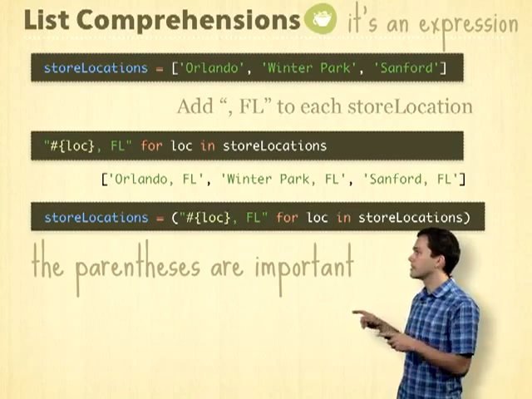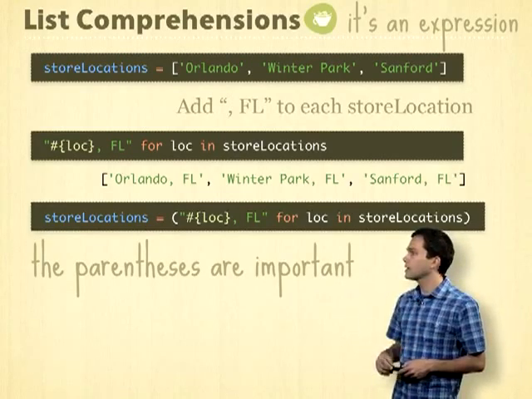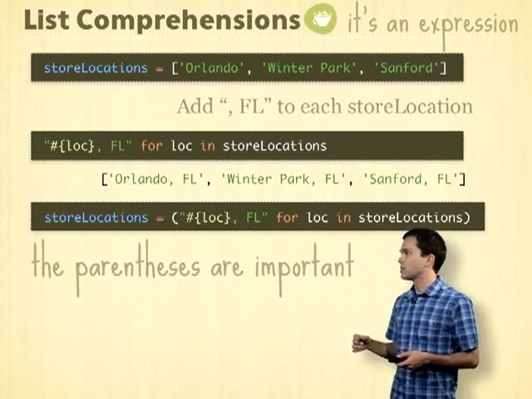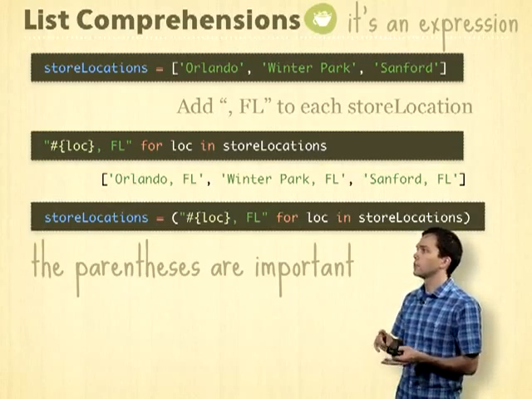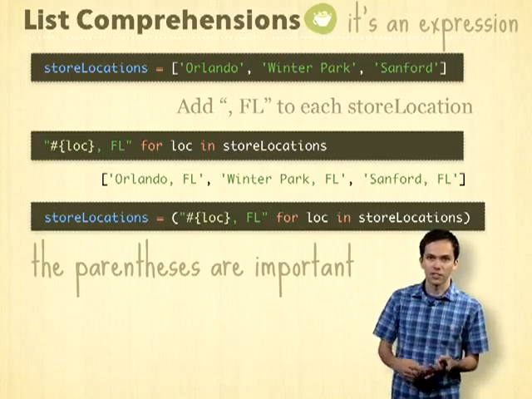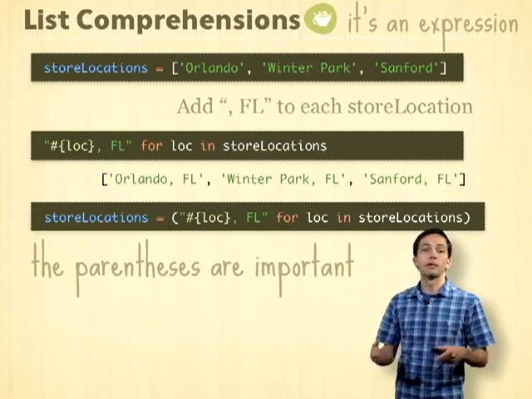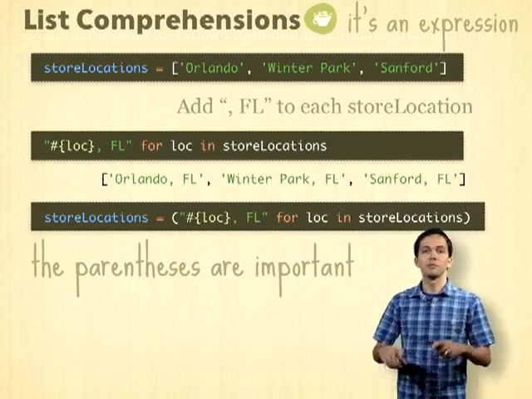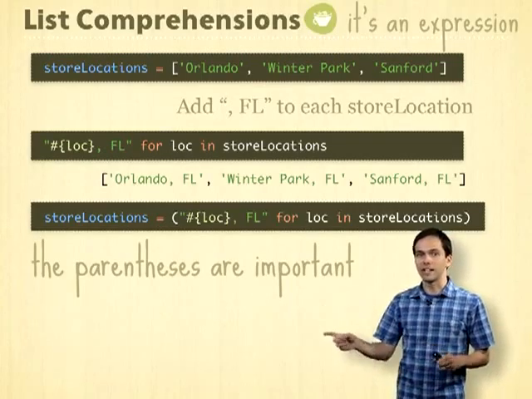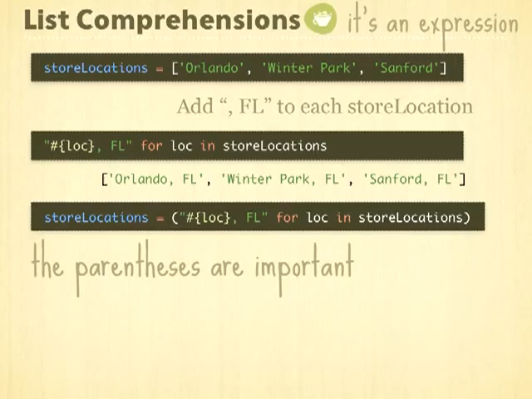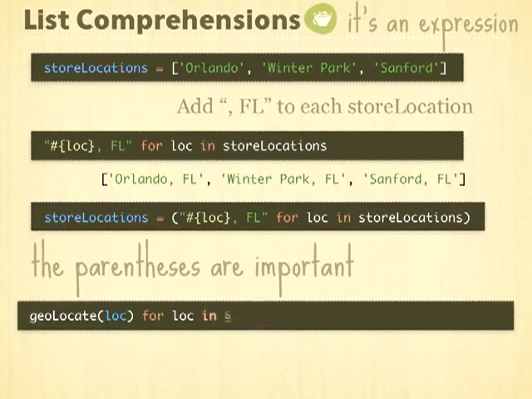If we didn't have the parentheses around the list comprehension, it would set store location equal to Orlando, then Winter Park, then Sanford. So the result would be store locations equals Sanford, right? But because we have the parentheses there, it's going to build the array and then send that array into the variable we declared.